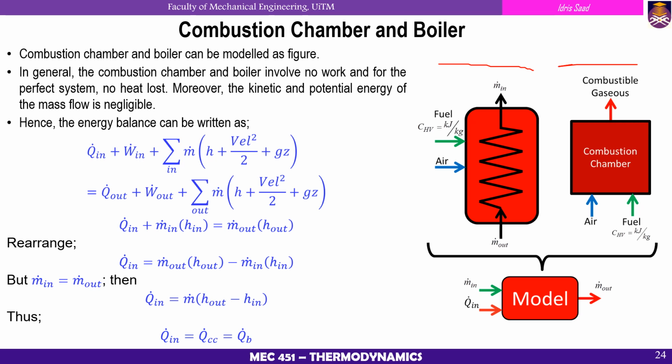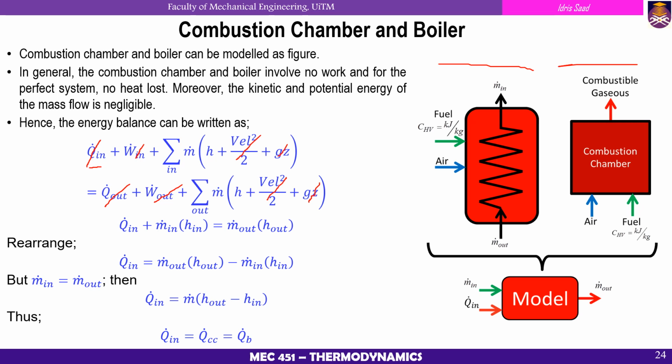Hence the energy balance equation can be written as follows. Q in, we can cancel out, work in, we can cancel out. The kinetic energy and potential energy also cancel out, similarly at the output of the system.